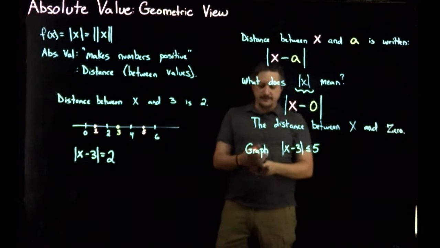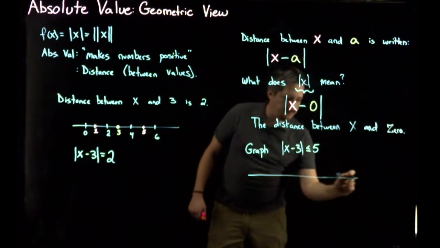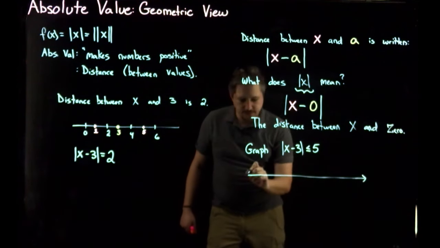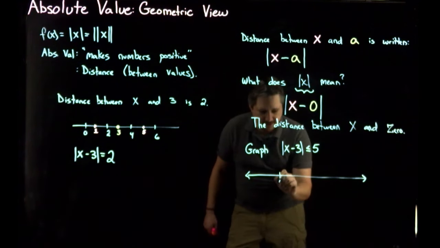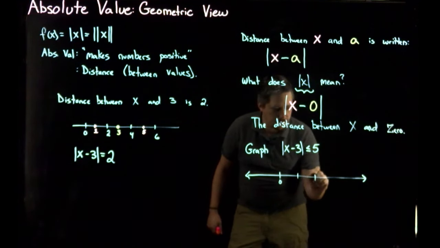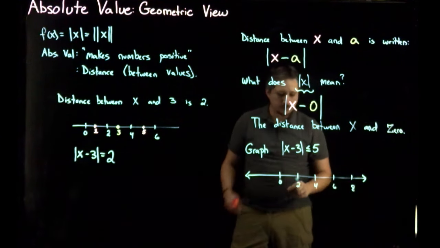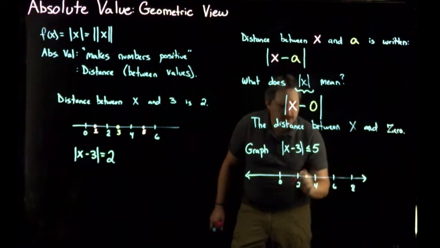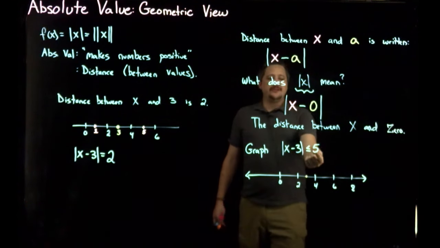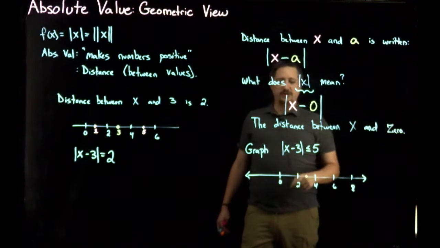So if I'm graphing this, again, the idea here is that I'm going to have my number line, right? I'm going as a distance from 3, so let's say I have 0 here. So 2, 4, 6, 8. So my distance is starting at 3. The distance is at most 5 away, meaning I can go at most 5 in each direction.